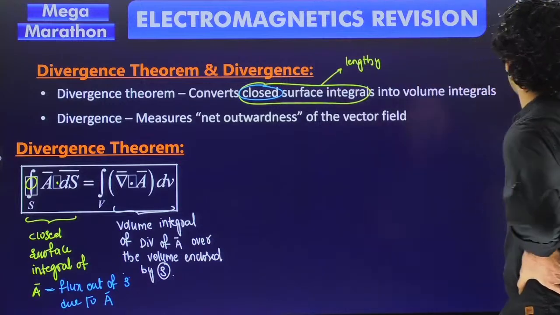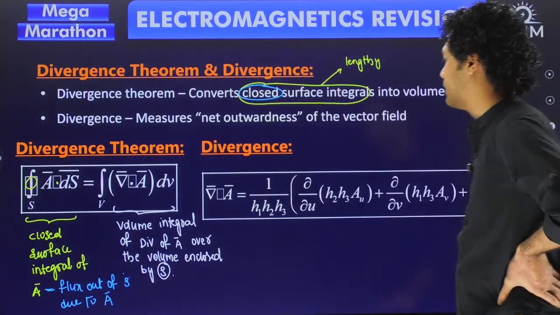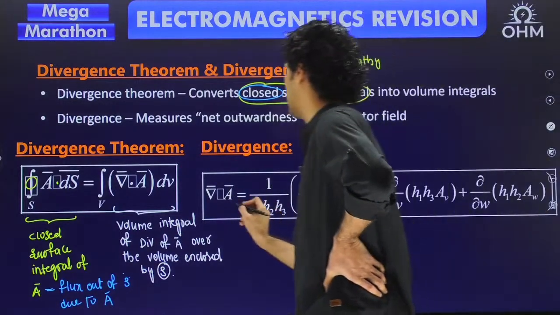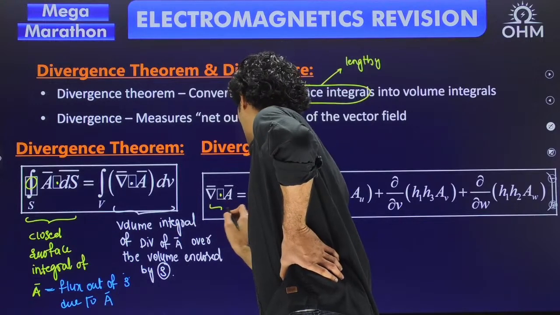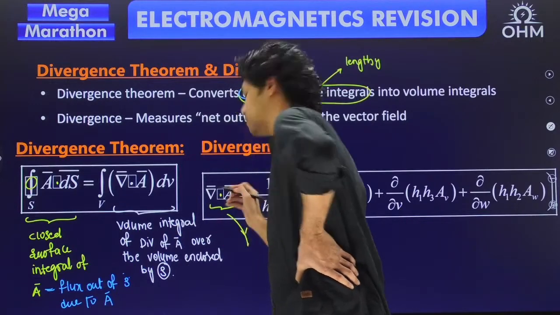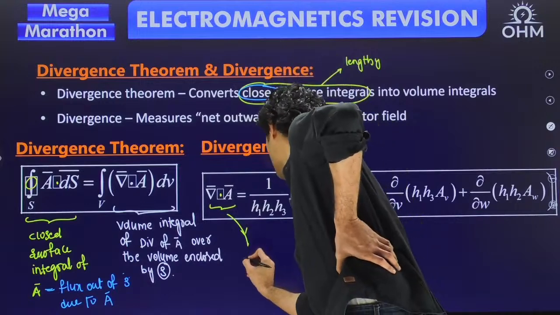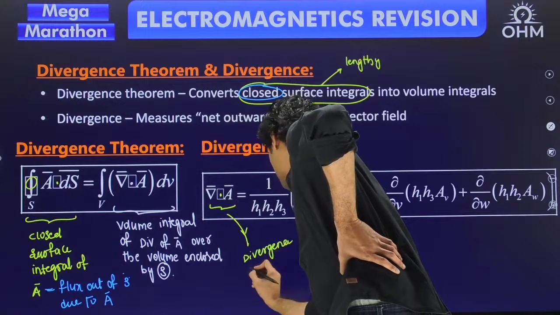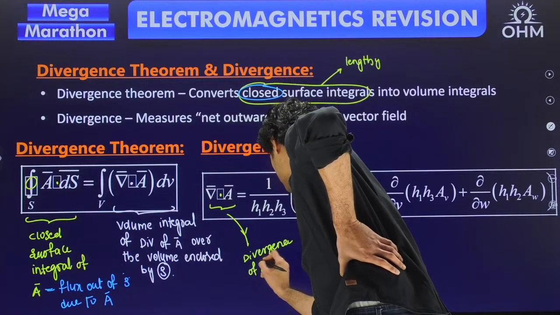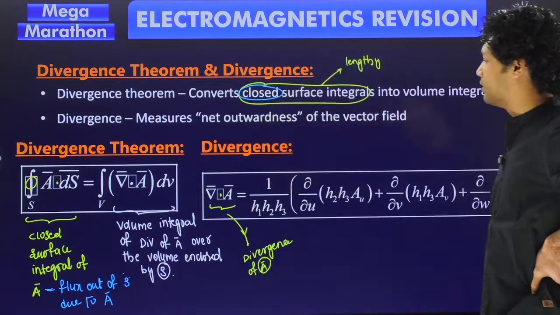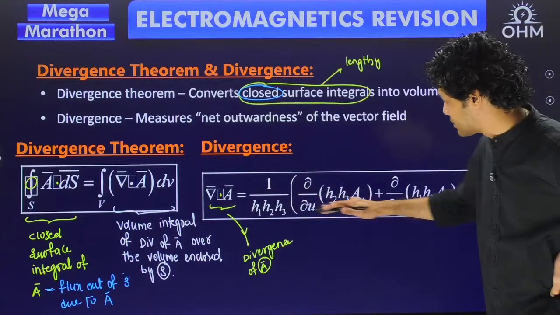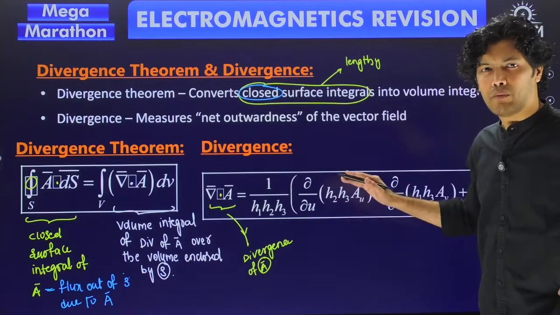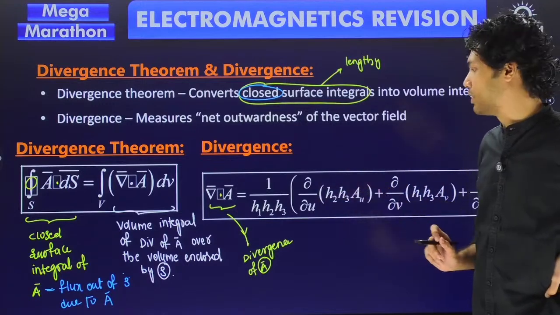So let us look at the divergence formula in curvilinear format. This del dot A is a notation that we are using for divergence of A bar. Remember only the first part. If you can remember the first part, writing the second and third is not a big deal, by means of cyclical symmetry we can get the second and third parts also.